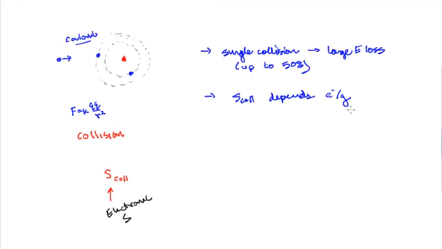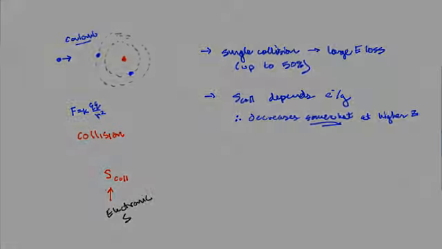That makes sense, because more electrons, more collisions. And so it decreases somewhat at higher Z. That's a relatively small decrease. But you'll remember that as you go up in Z, you get more neutrons per atom, and so the number of electrons per unit gram goes down slightly as you go up in Z.